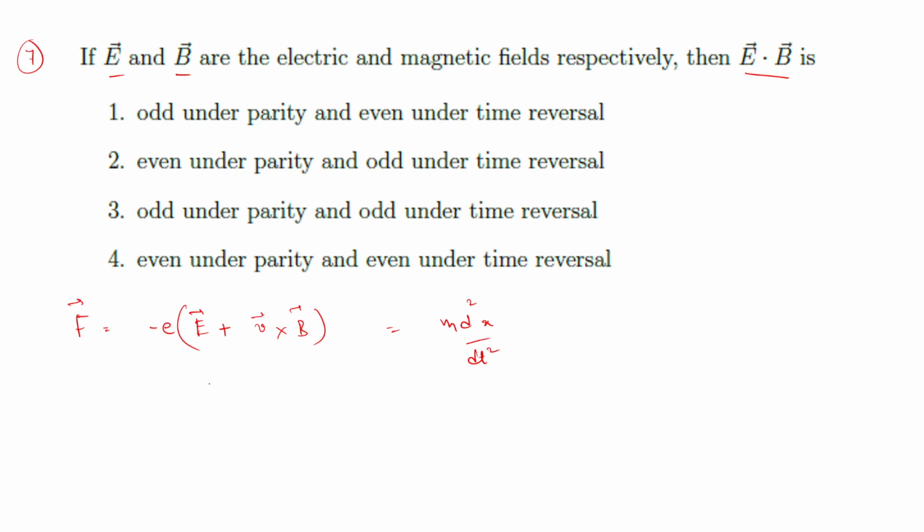Now to see if some quantity is odd or even under parity, we take x to minus x, y to minus y, and z to minus z, and we see under this transformation whether our relevant quantity is changing or not. Now see, force is always odd under parity.